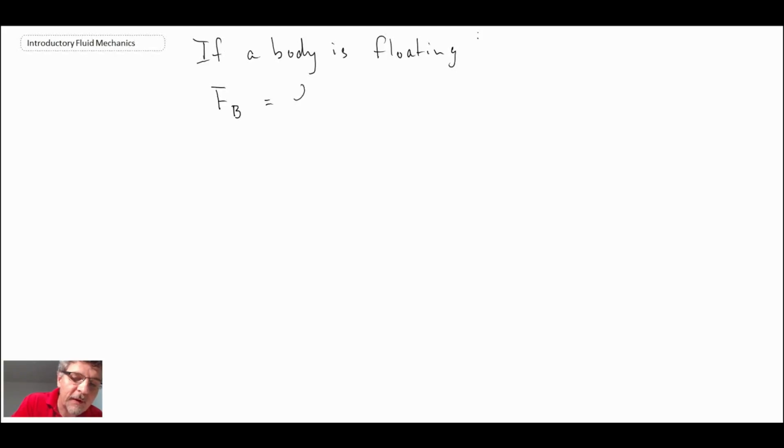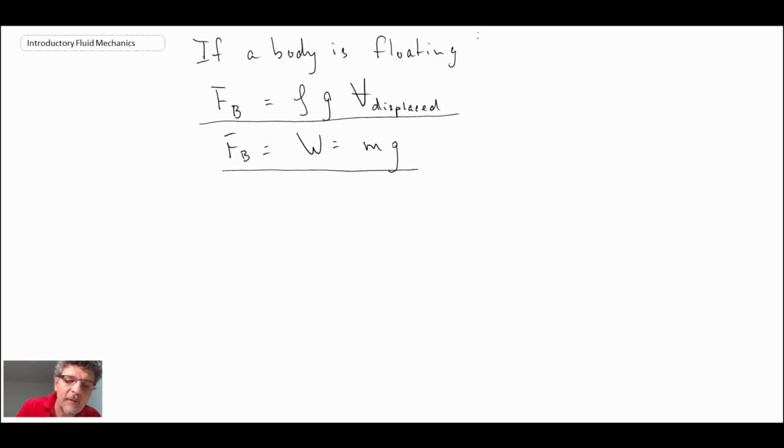Now, if the body is floating, then the buoyancy force needs to be equal to rho g times the volume displaced, and that also needs to be equal to the weight of the object. So this would give the equilibrium for a floating body, and we know that the buoyancy force is this, but it also needs to be equal to the weight.